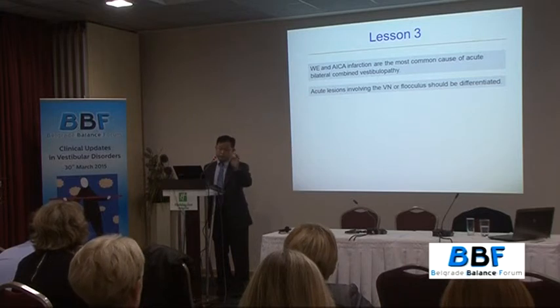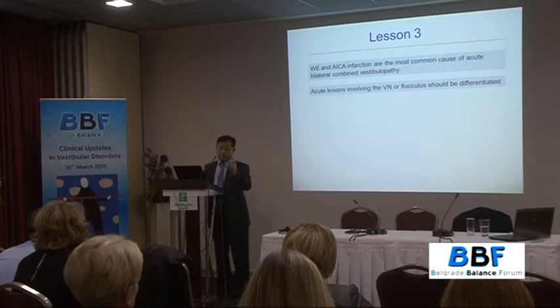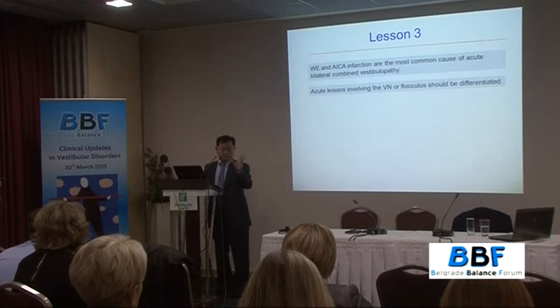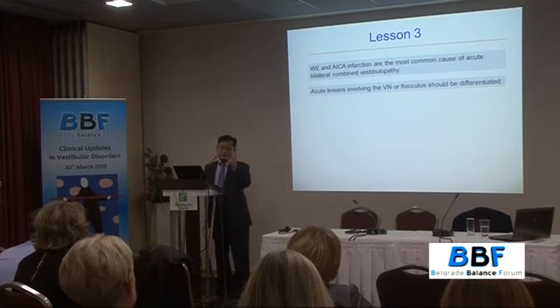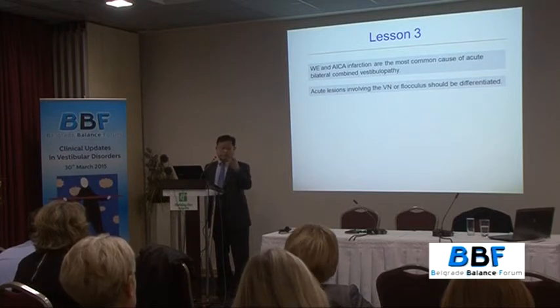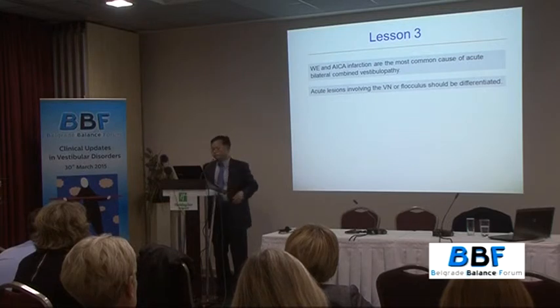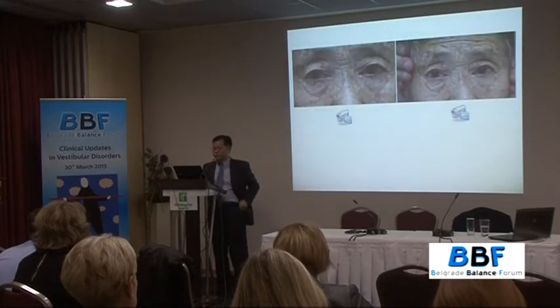In case of vestibular nucleus, you can get unilateral peripheral impairment, even though the head impulse is impaired bilaterally. In floccular infarction, you can get a bilaterally impaired head impulse test, but no signs of unilateral peripheral vestibulopathy. That's the differential diagnosis point.